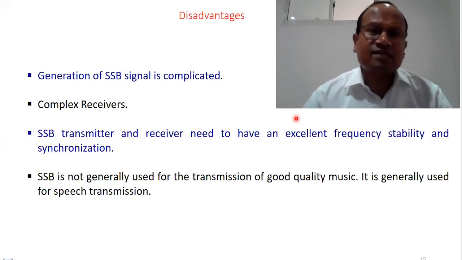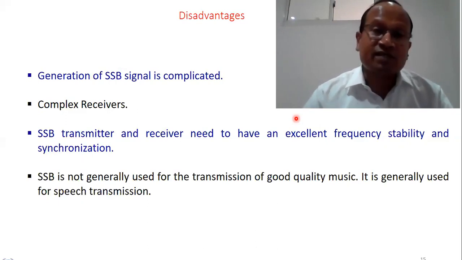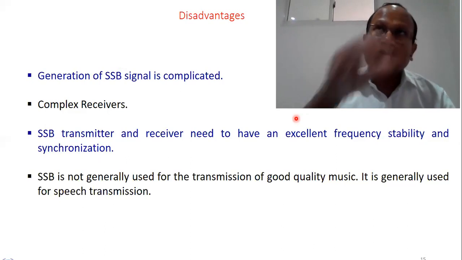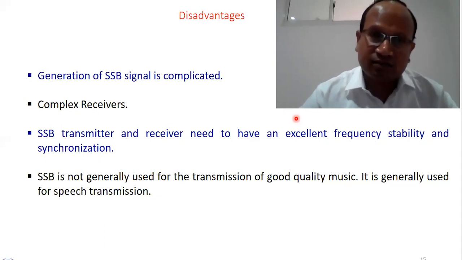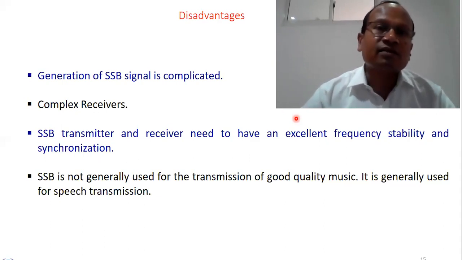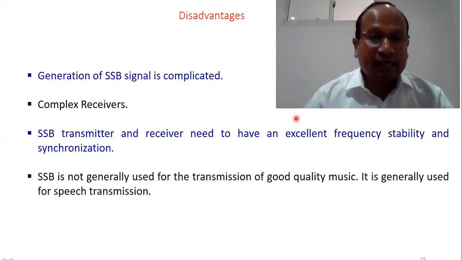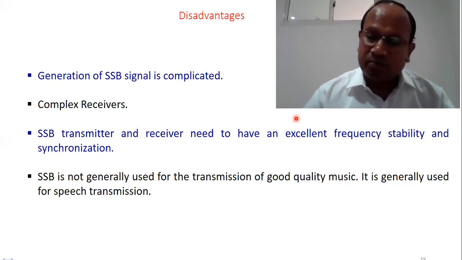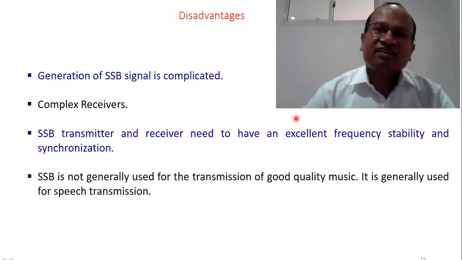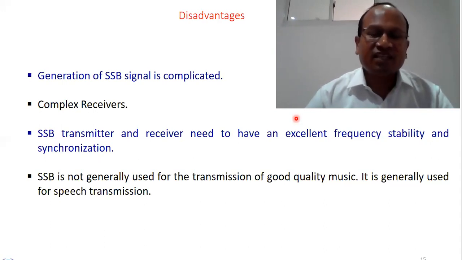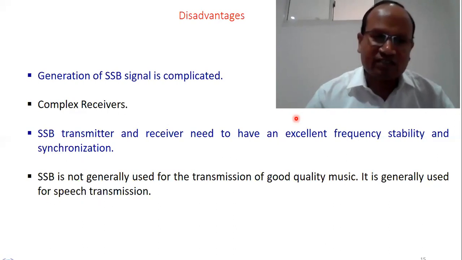So in order to synchronize in terms of frequency as well as phase, because the phase may also change while the signal is transmitted over the channel, we need to make certain arrangements, and certain extra circuits will be needed in the design of the receiver. So the overall design of the receiver becomes complex, and that's a drawback.